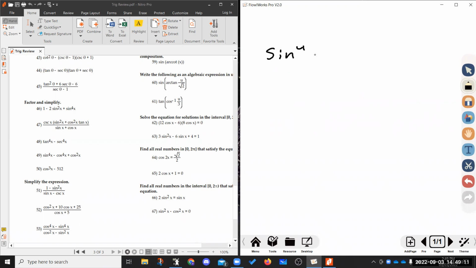Sine to the 4th of x minus cosine to the 4th of x plus cosine squared of x. So I'm going to get these sines to turn into cosines. So this is going to be 1 minus cosine squared, and that's squared because this is sine squared.